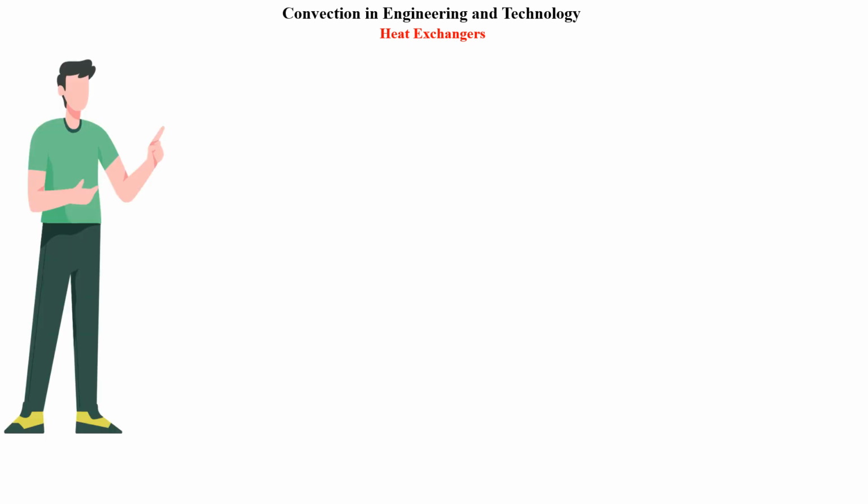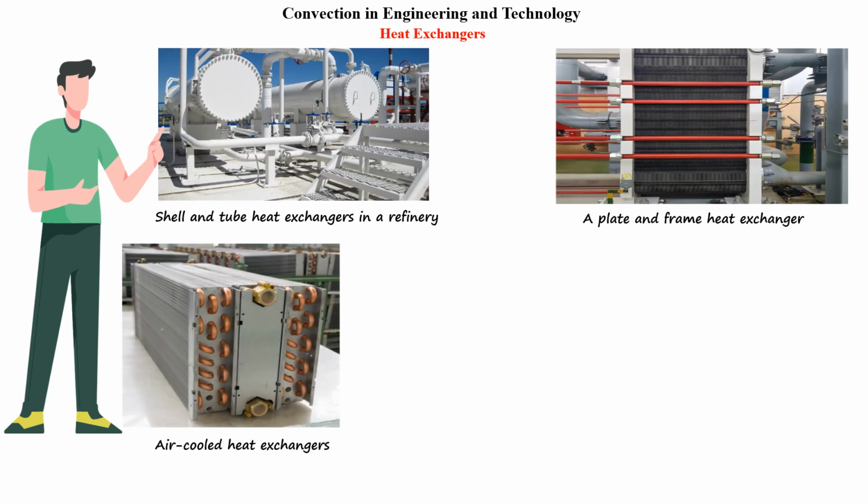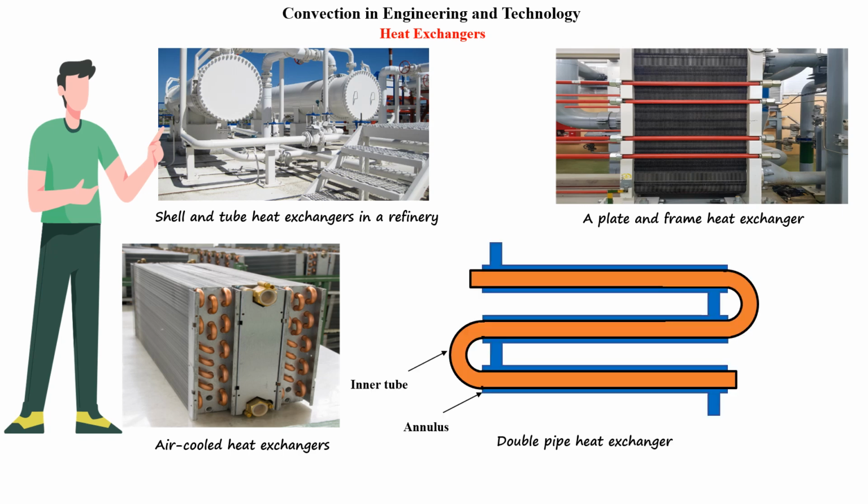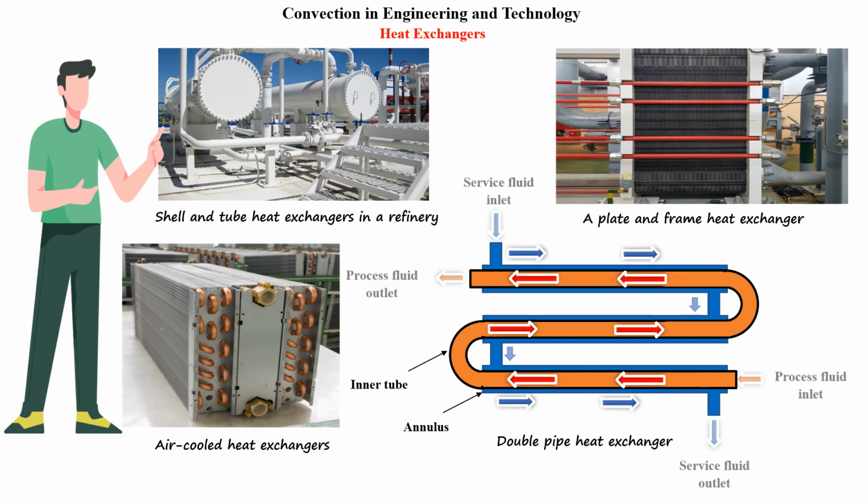Heat exchangers, which have been mentioned before, are used in most industrial applications, and we have passed through these equipment: shell and tube heat exchanger, plate and frame heat exchanger, air-cooled heat exchanger, and the simplest one, the double pipe heat exchanger.